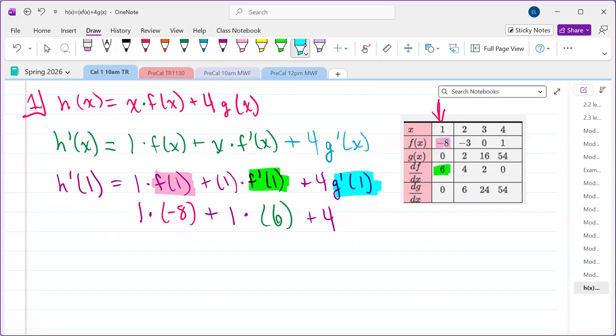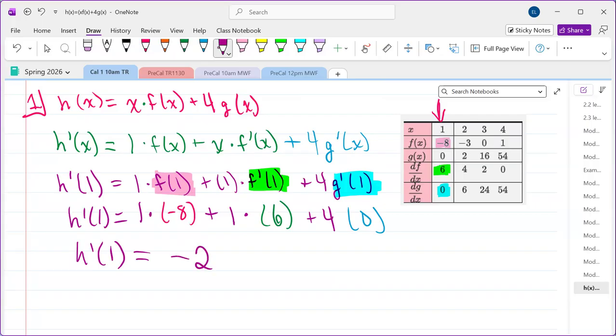And then g prime of 1, dg dx at 1 is 0. So we end up with -8 plus 6 plus 0, so that is -2.